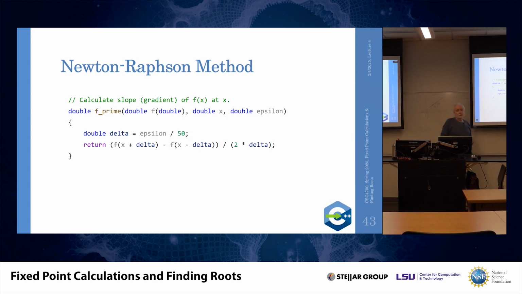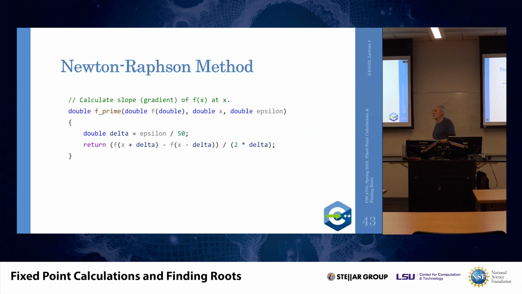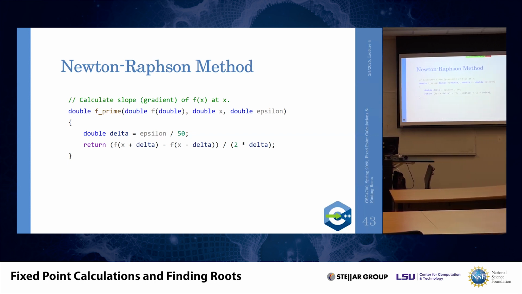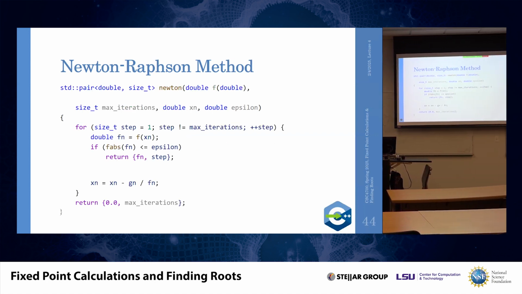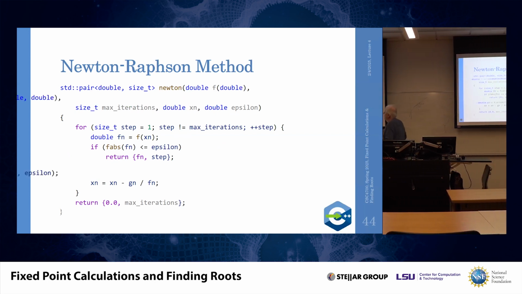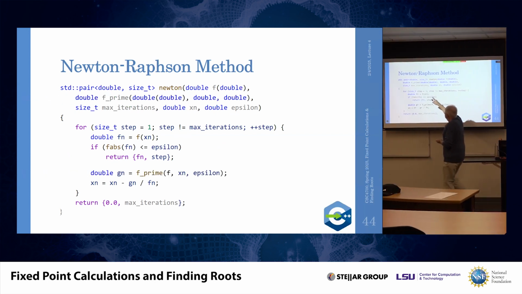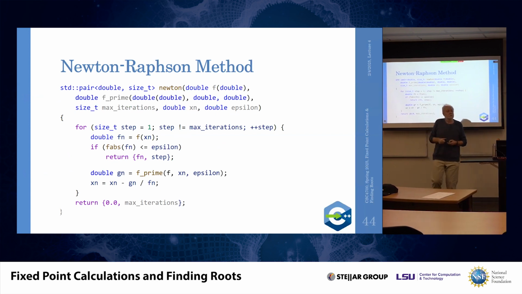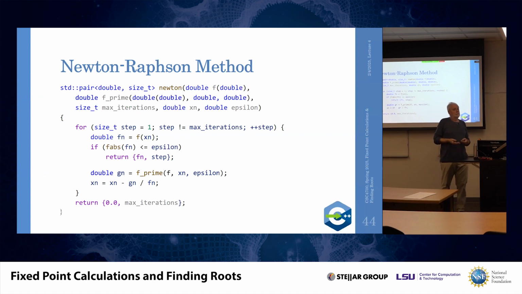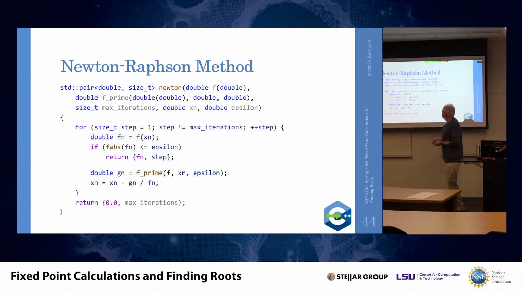So now we don't have to specify that f prime function anymore, because we have one function that always works. But the problem is, if we go from the code we had before, now we have to supply an f prime function which has a much more complicated prototype, if you want, right?